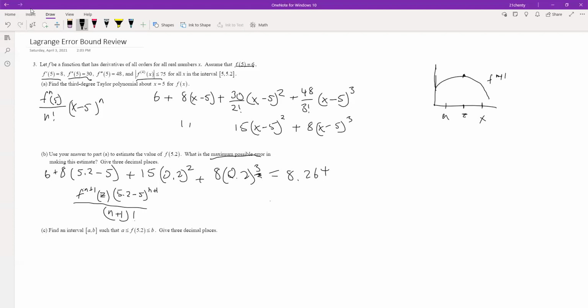And usually Z will be at one of the endpoints for these problems. Or in this case, it just tells us that the fourth derivative is always going to be less than or equal to 75. So we'll use that as our maximum value. Then multiply that by 0.2 to the fourth power over 4 factorial, which gives us approximately 0.005.